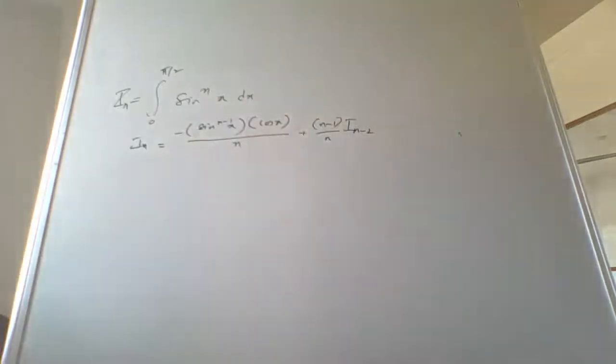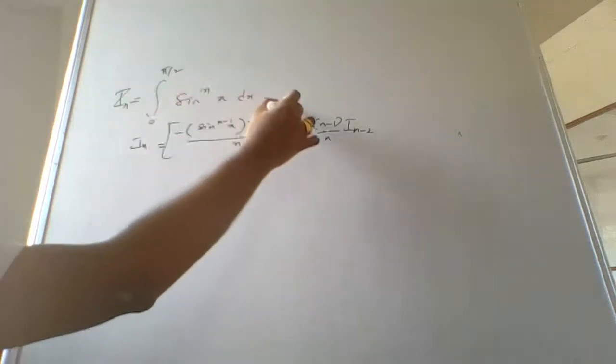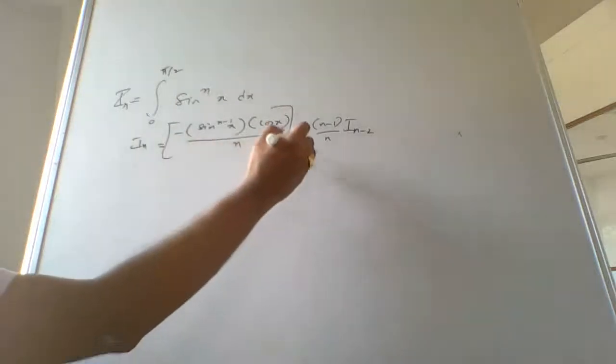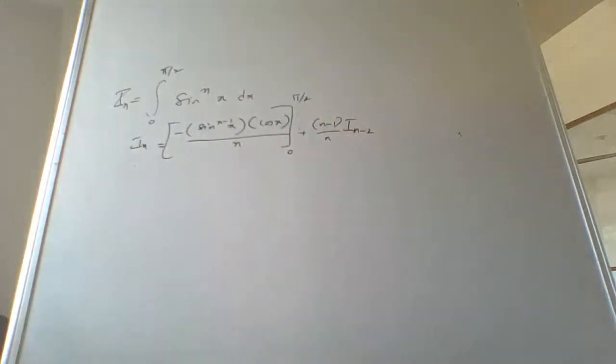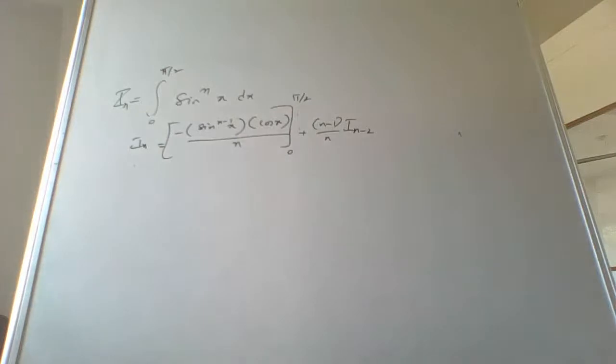We have got this result earlier. Now for the limits 0 and pi by 2, I apply the limits only to the first term, because the other is I n minus 2.